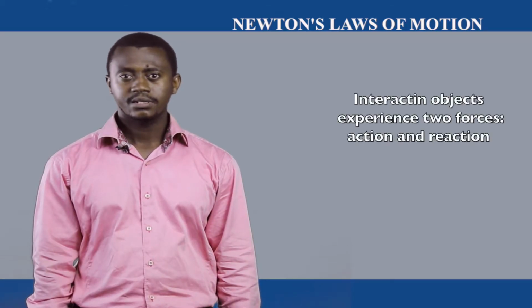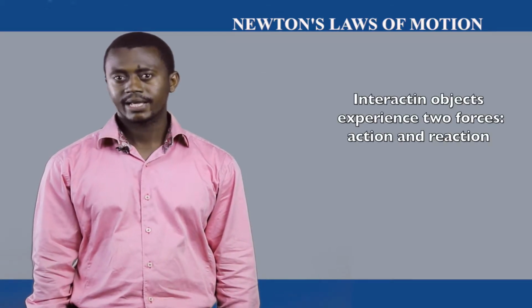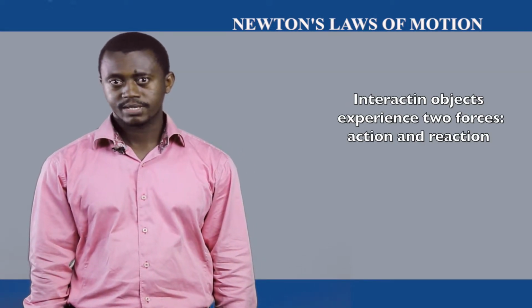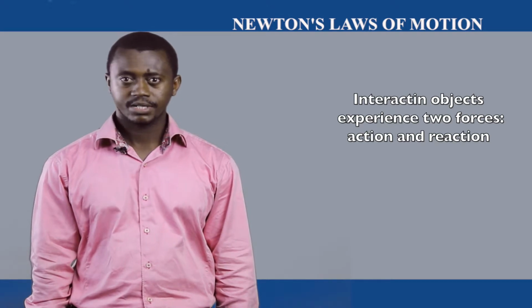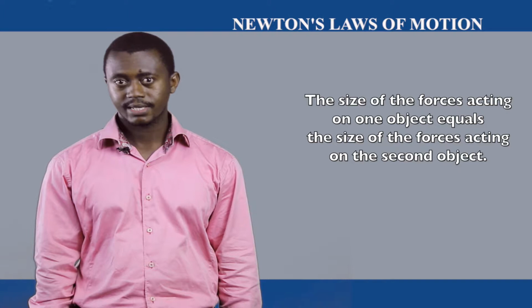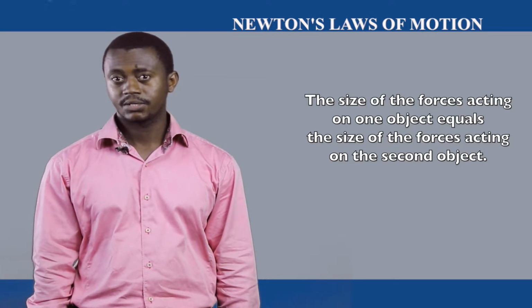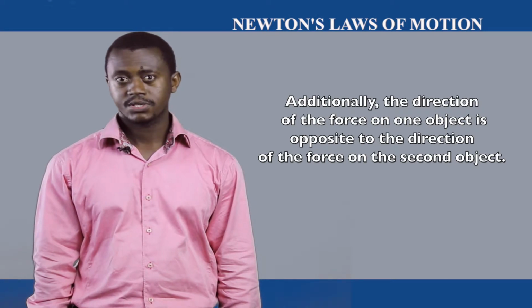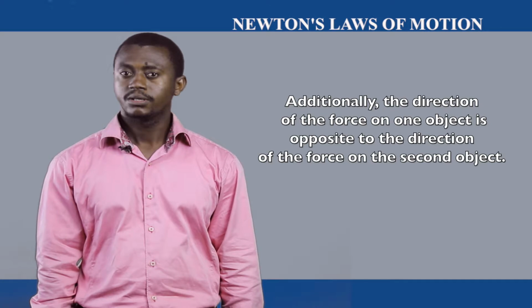According to Newton's third law, interacting objects experience two forces: action and reaction. The size of the force acting on one object equals the size of the force acting on the second object. Additionally, the direction of the force on one object is opposite to the direction of the force on the second object.